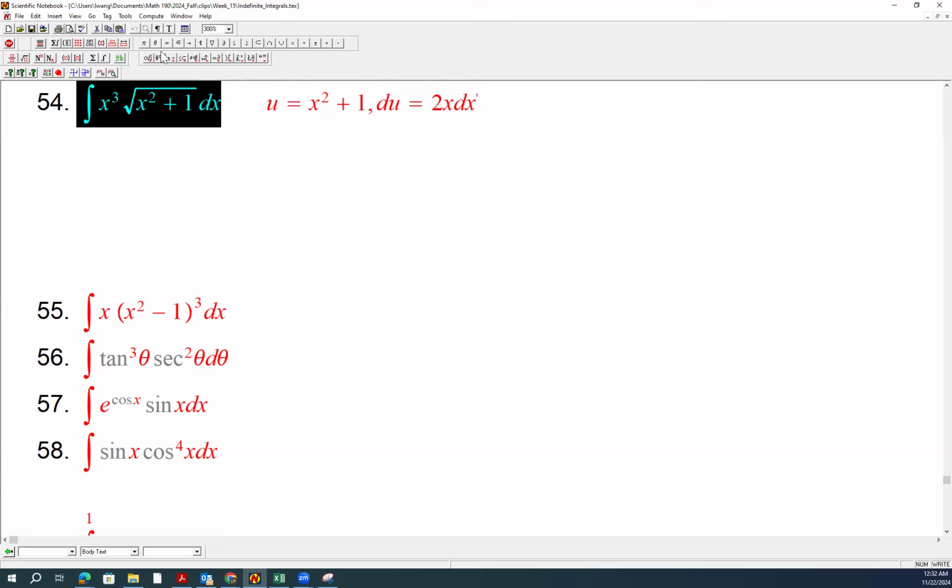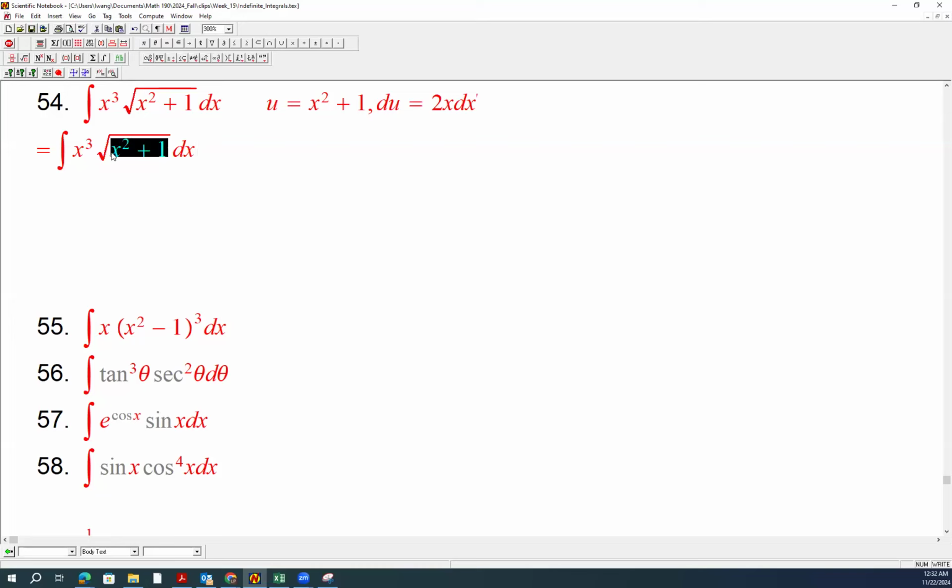When we substitute, we get a root u there. For x raised to the power 3, I'm going to bring it to the side closer to dx and split it into x squared times x.